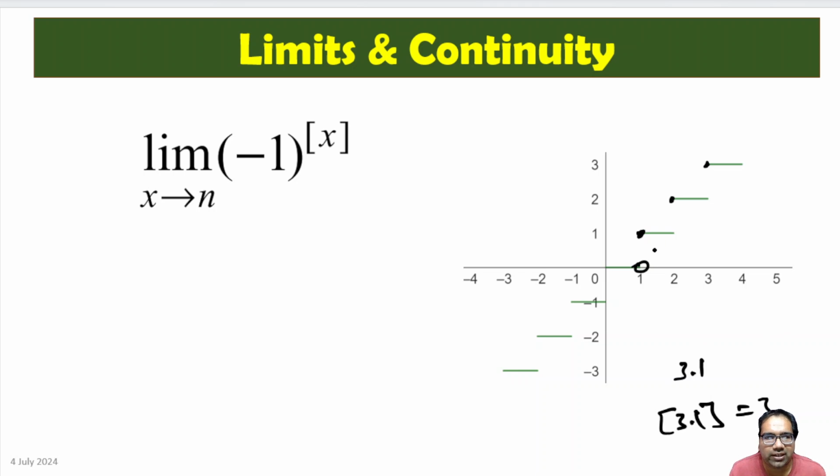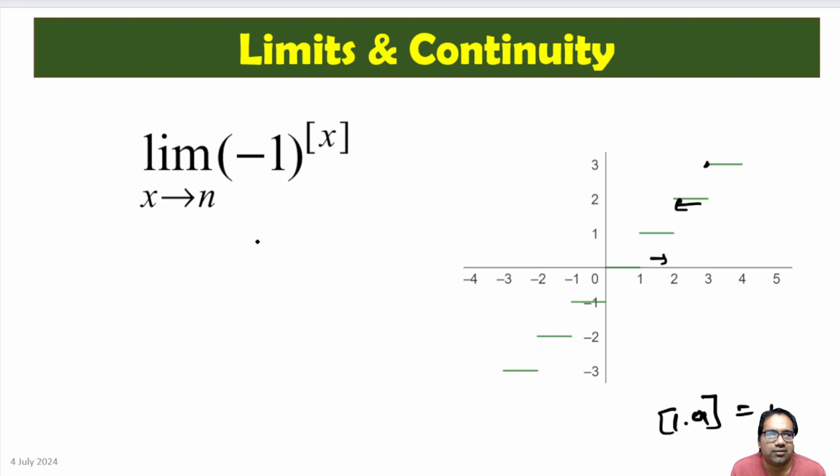Now, we can clearly see, let's say when x is tending to some integer, for example, let's take this 2. X is approaching from the left hand side and from the right hand side. From the left hand side, the greatest integer function of 1.99 something is equal to 1.